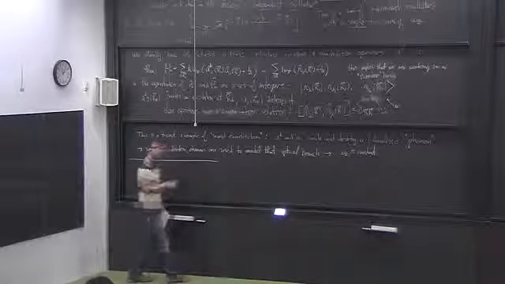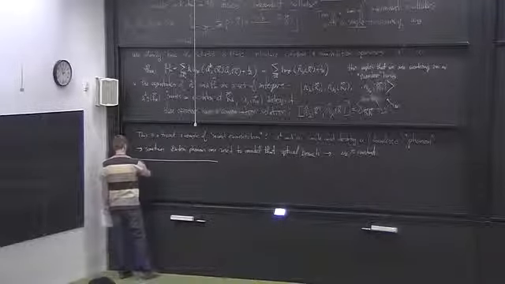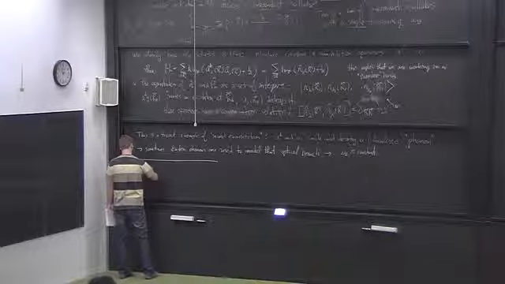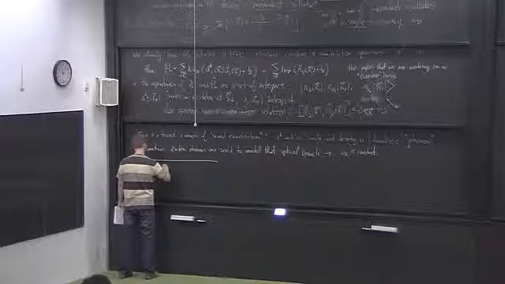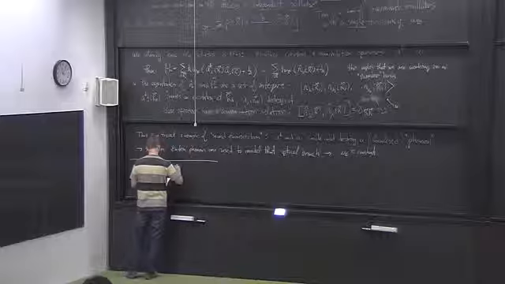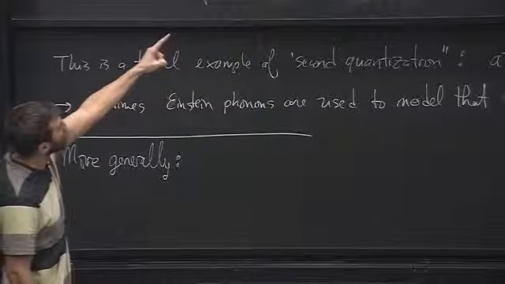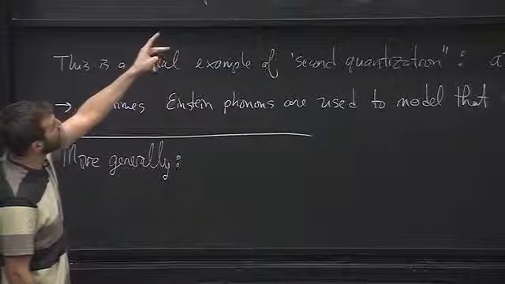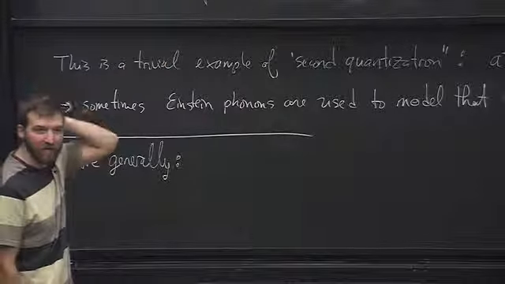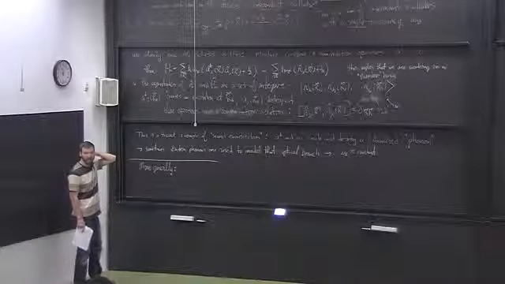So where does the K dependence come from? It comes from the fact that the displacements are coupled, right? In the same way that they were coupled in the classical case, remember?